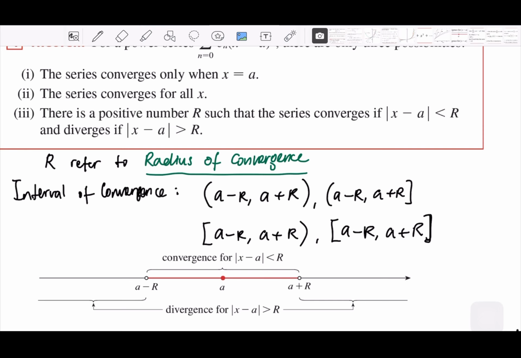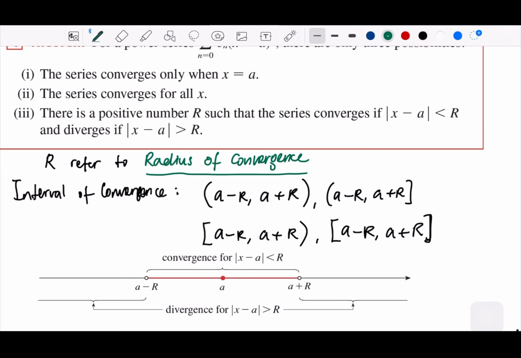What we want to know for sure is how the points at the endpoints behave. That's why we need to test when the ratio is equal to 1. Let me write here that this needs to be tested more.